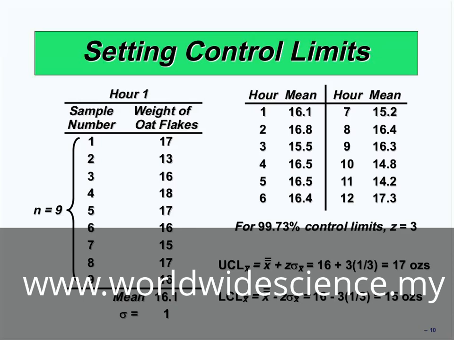In hour 3, you should repeat again, and calculate a new x bar for hour 3. When you write down these x bars, the table on the right shows the x bar for each hour.